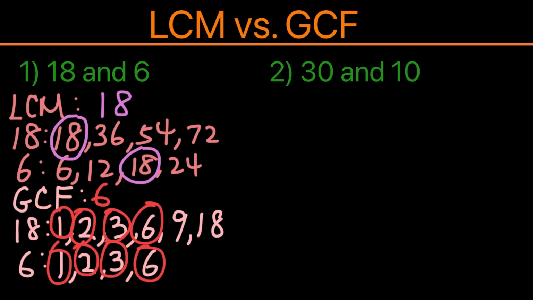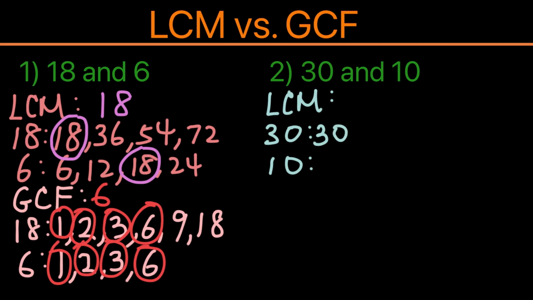Now let's look at the second example, 30 and 10. Finding the least common multiple, listing out 30 and 10. The multiples for 30, we'll start with 30. So that's 30 times 1 is 30, times 2 is 60, times 3 is 90.